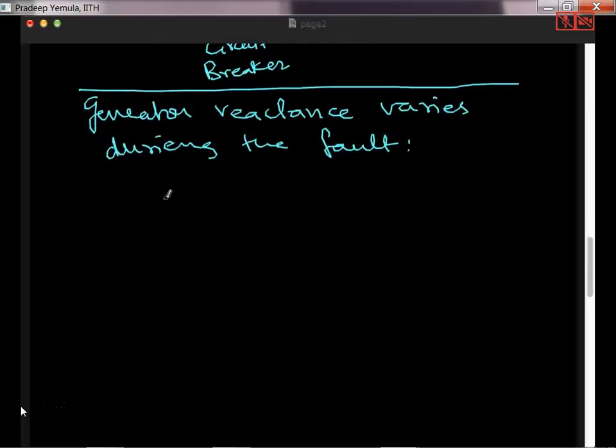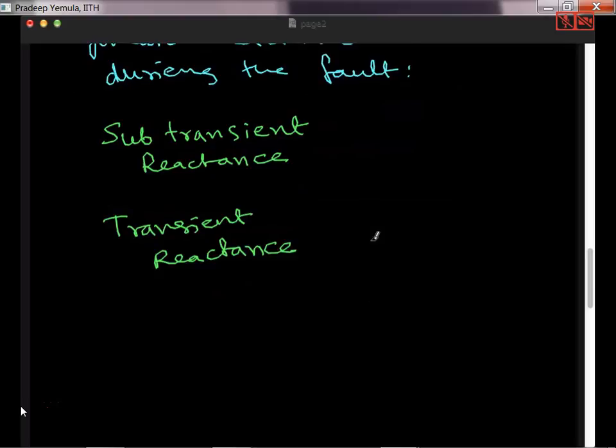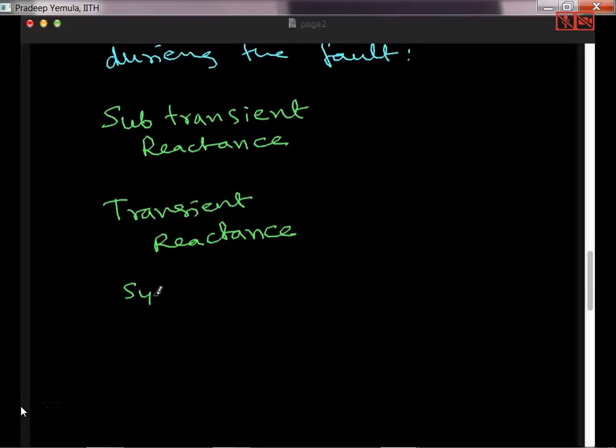But for our discussion, I define something called sub-transient reactance. Then there is something called transient reactance, and finally something called synchronous reactance.